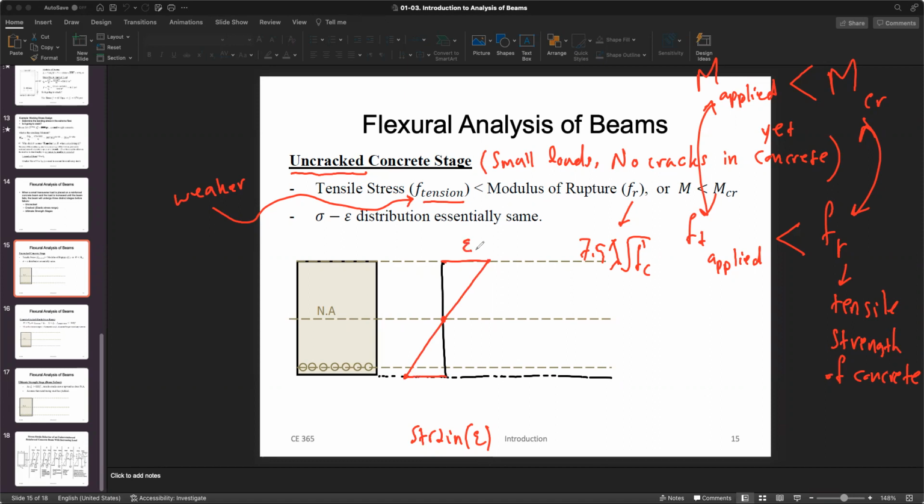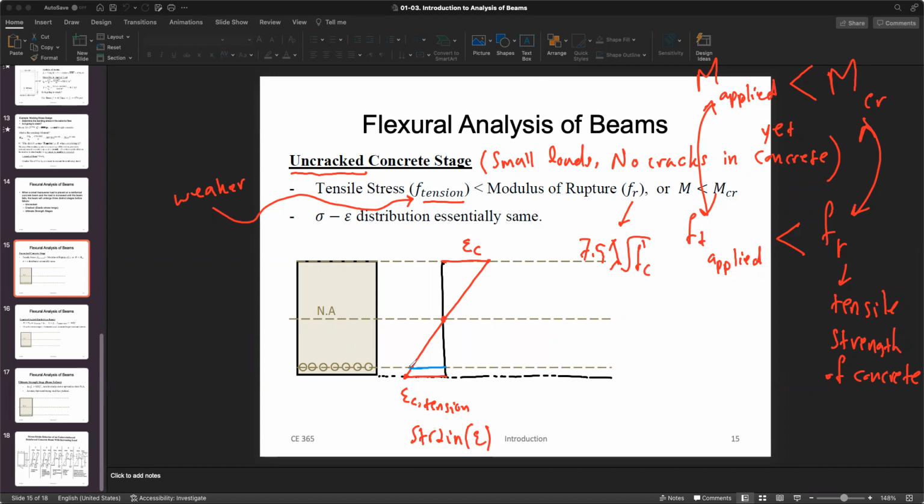Okay. Epsilon C for concrete, compression on top. Epsilon C for concrete, but tension at the very bottom. For the steel, this would be the strain, right?